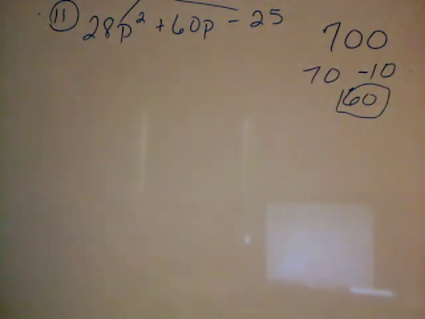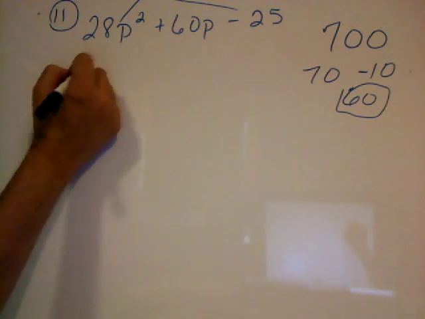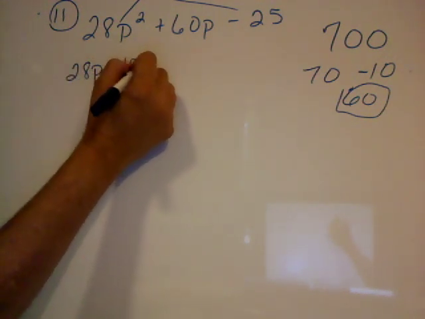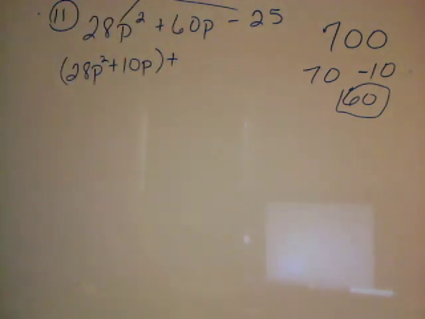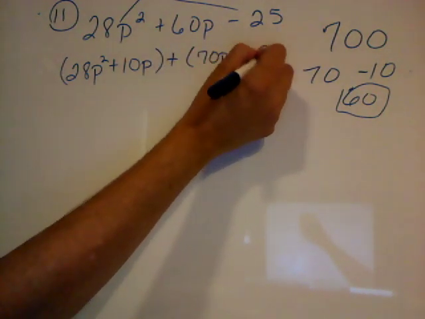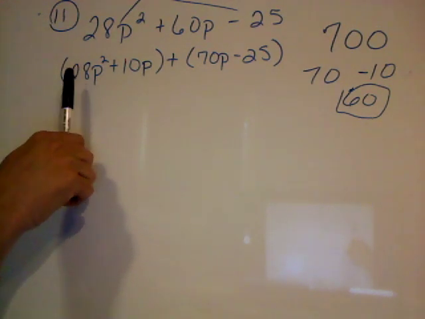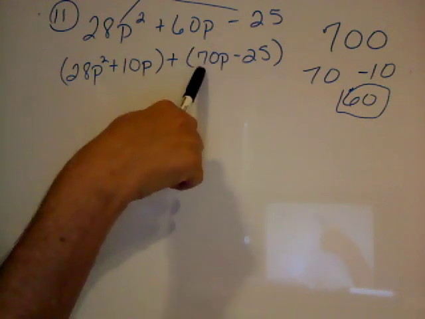Okay, so let's come over here and group what we would like to group together. Now, I'm going to group the 10 with the 28. So 28p squared plus 10p, plus 70p minus 25. I put my 10 with my 28 because I saw that I could pull out a 2, and I put my 70 with my 25 because I can take out a 5.